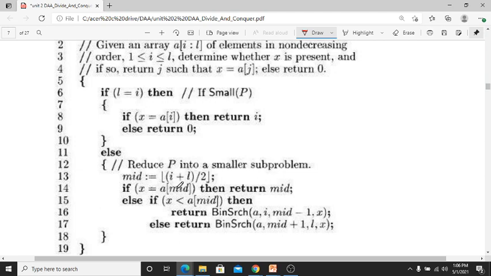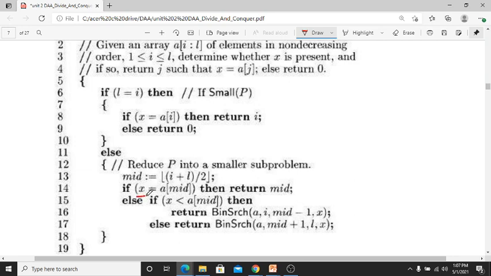Mid equals small i plus capital I by 2. This small i and capital I represent low plus high by 2. If x equals A of mid, then return mid.